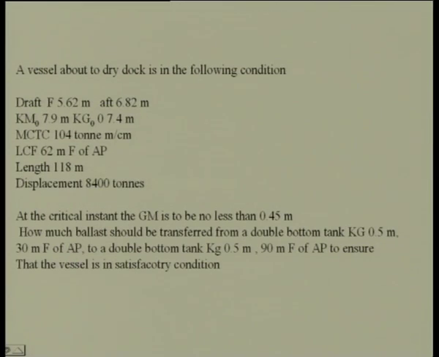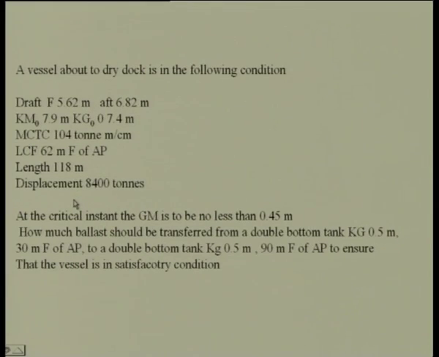Then this problem says that a vessel is about to dry dock in the following condition. You are given the draft forward and draft aft, then KM0 is given, KG0 is given, MCTC is given, LCF is given 62 meters forward, length is 118 meters, displacement is given.